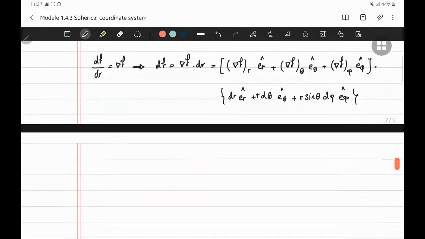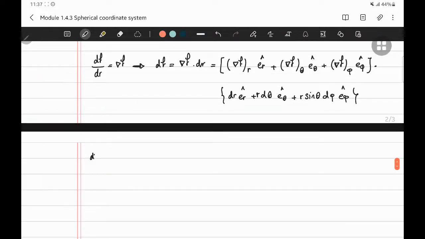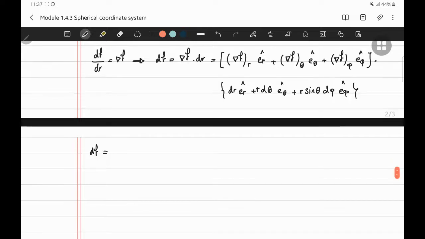Therefore it becomes del f r dr plus del f theta r d theta plus del f phi r sine theta d phi.